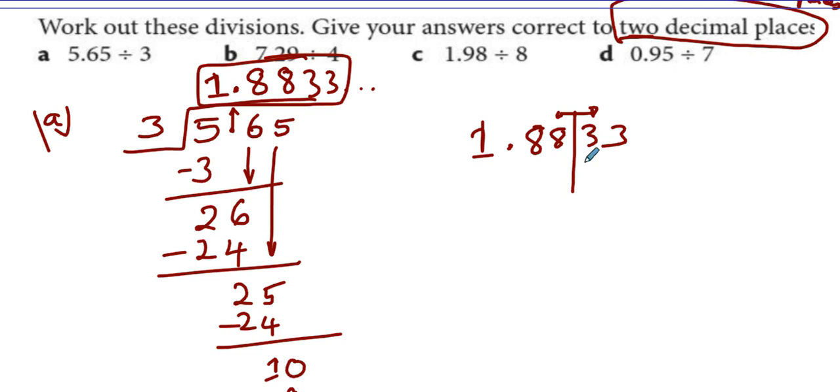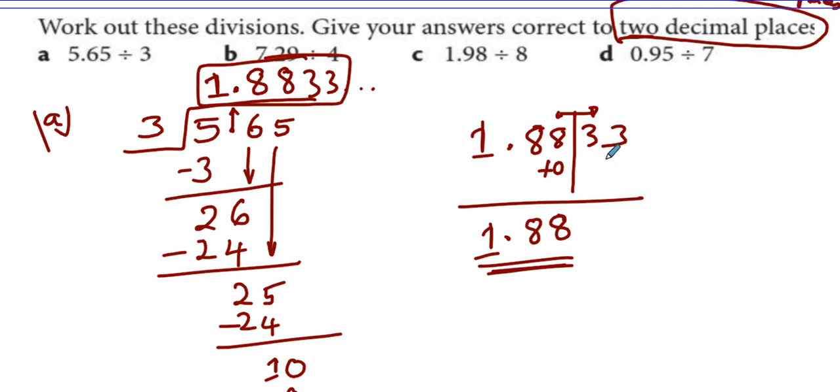So 3 is less than 5, so we'll be adding 0 over here. This will be 8, and this will be 8, 1. Now we already have 2 decimal places in our answer. Now what happens with the 3s? All these are cancelled out. They never become 0 when we are talking about decimal places.